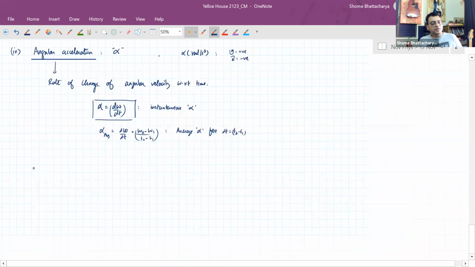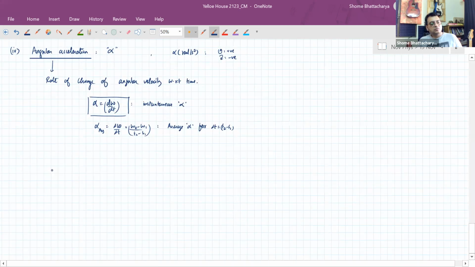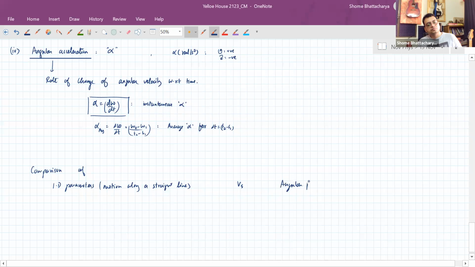So now we can do a comparison of, on the one hand, 1D parameters for motion along a straight line versus angular parameters in circular motion.